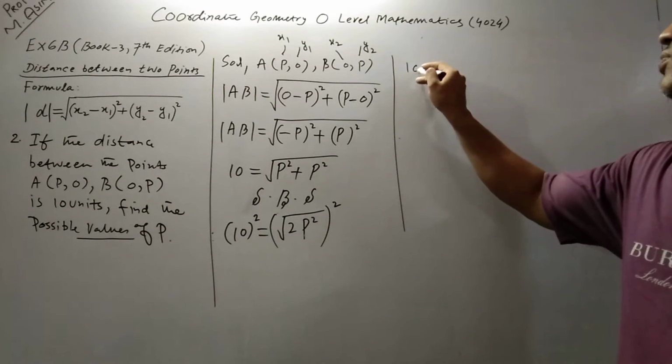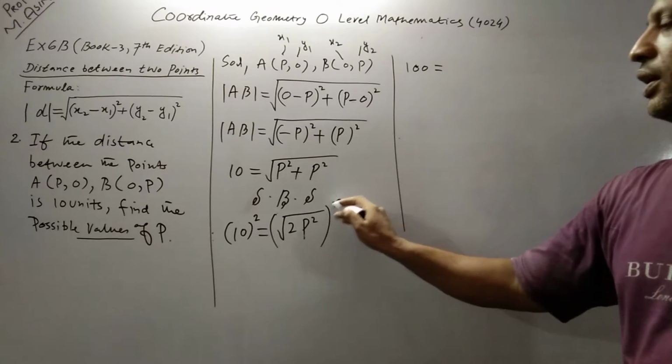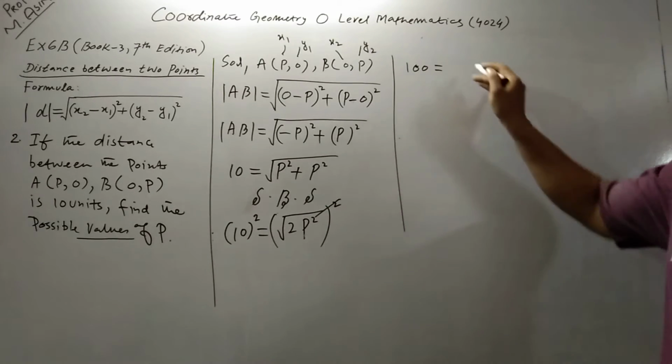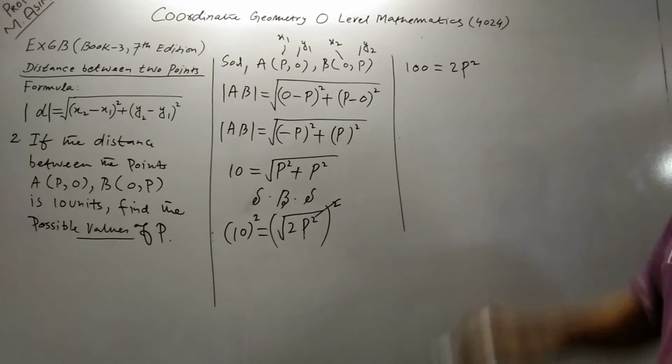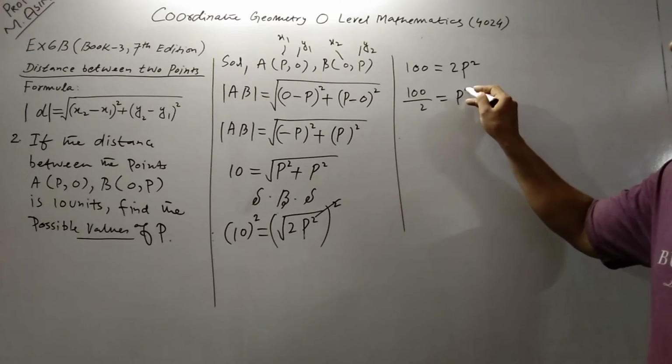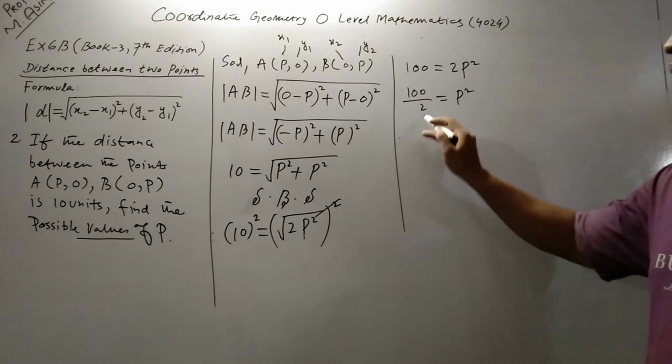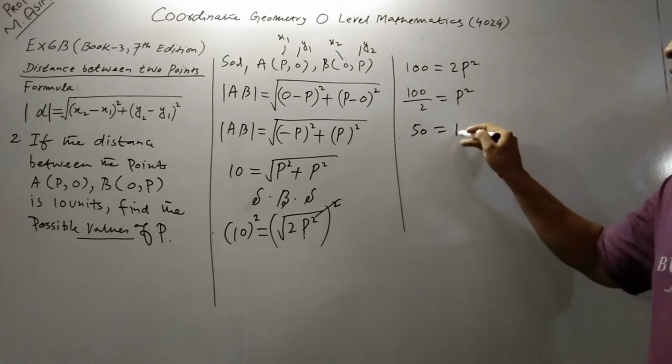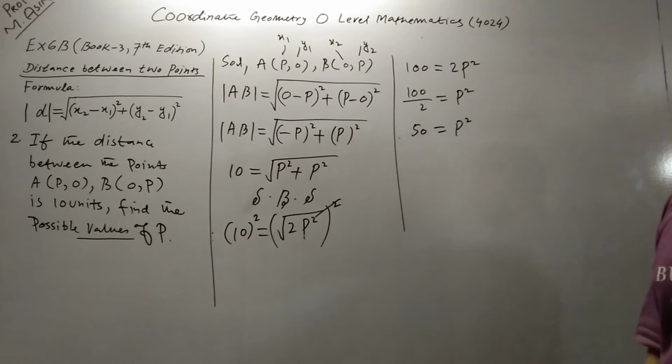What is the answer of 10 square? 100. Square cancelled by root. Answer is 2p square. 100 upon 2 is p square. 100 upon 2 is what? 50 is equals to p square.